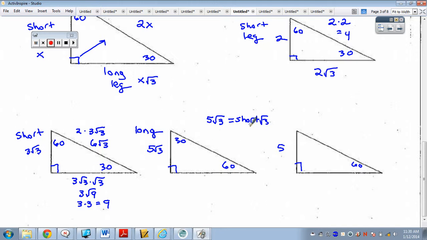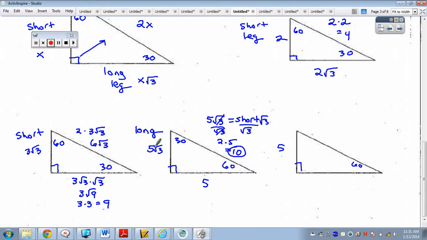Since I'm looking for the short leg, I divide both sides by root 3. I get 5 root 3 over root 3, and root 3 over root 3 is 1, so I'm left with my short leg as 5. Now that I have the short leg, you multiply by 2 to get the hypotenuse.